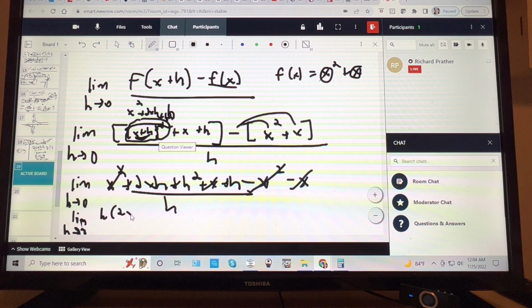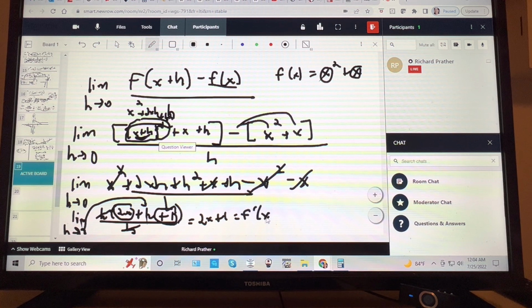2x plus h, and that would be plus 1 literally. h's cancel. The only place to plug a 0 in is right there. So I would be left with the 2x plus 1. This is f prime of x.